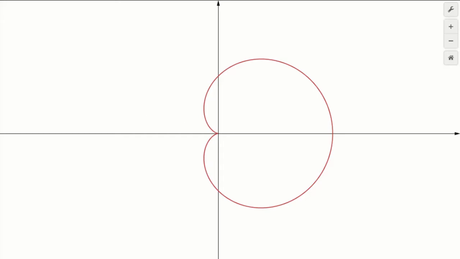Let me demonstrate the whole idea about a full rotation right here. So here's my handle. When theta is equal to 0, in a positive direction, this point right here indicates from the pole out to this point we have some radius.